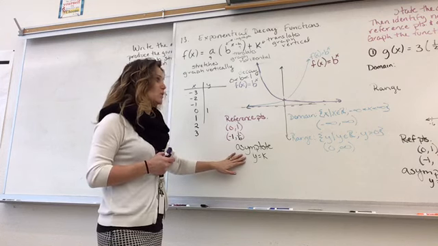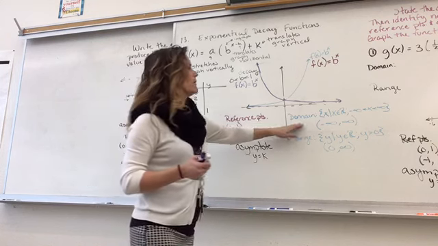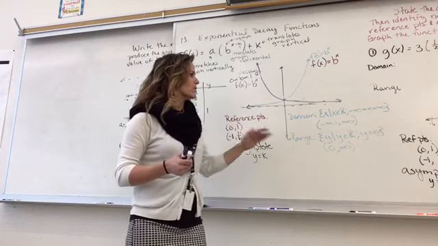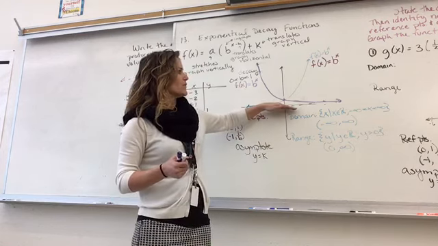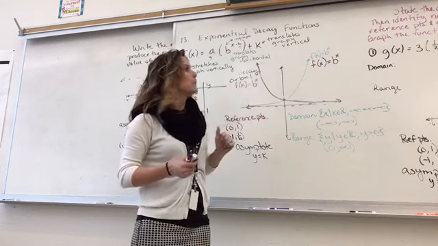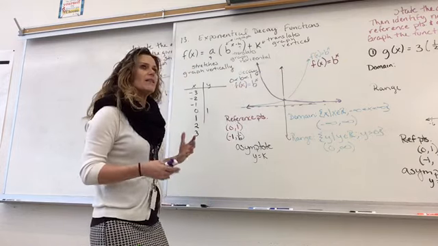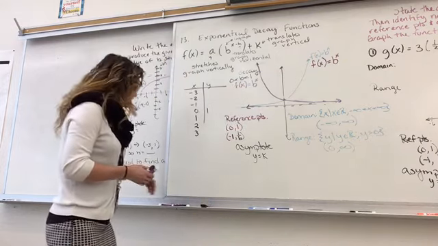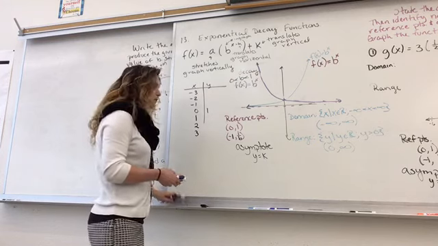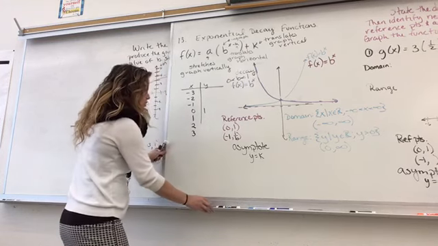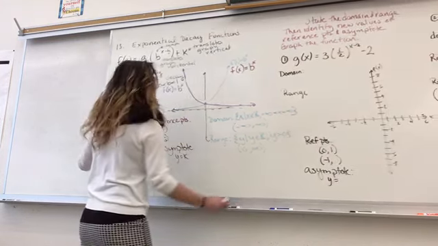The asymptote is still y equals k. Our domain still goes left and right forever. And our range, in this case for the parent, it's above the y. A lot of the things are very much the same as what we were doing. So we're going to look at a few.